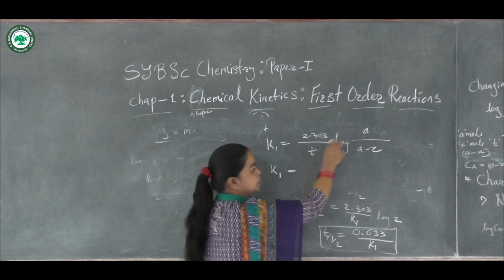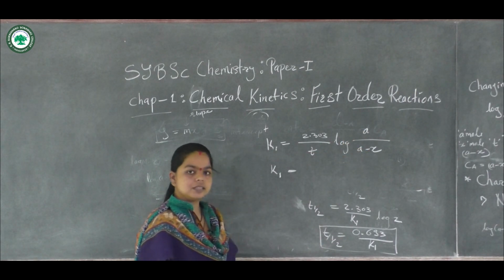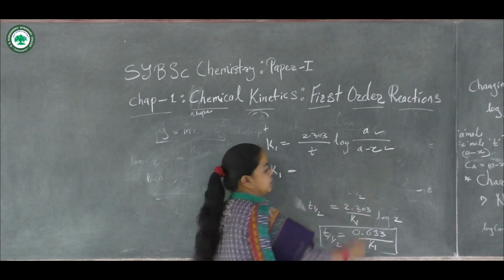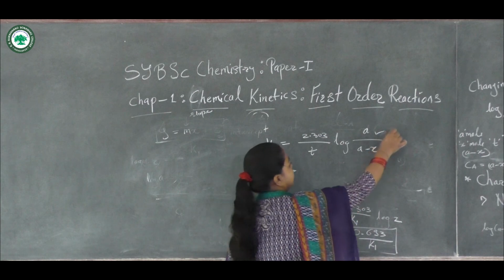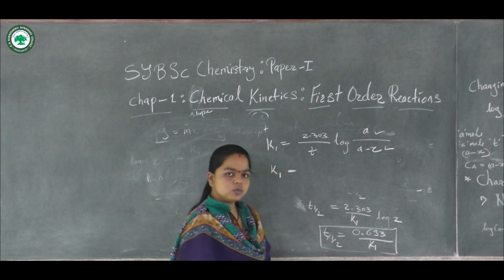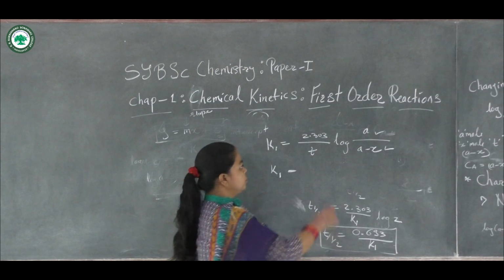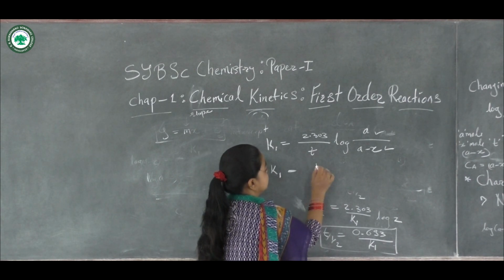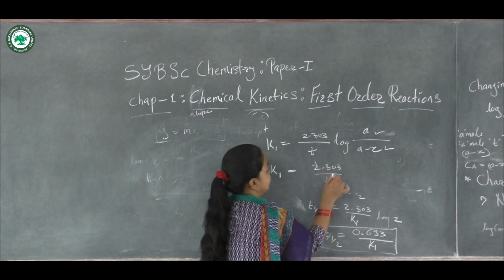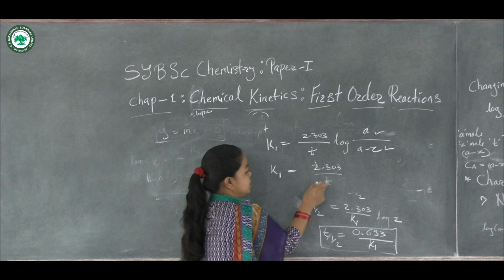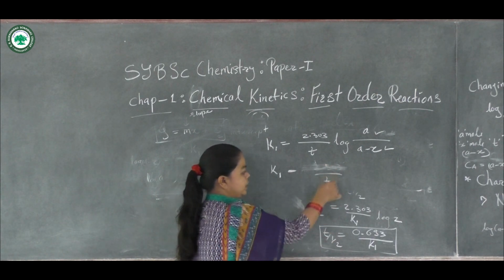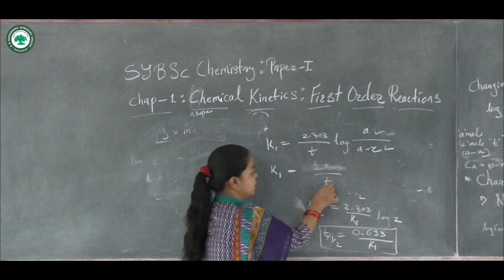Now from this equation, t is the time and A upon A minus X is the concentration. Both of these terms are concentration terms, so their units are the same and will get cancelled out. So we get 2.303 divided by t, that is K1 is inversely proportional to t. Only the t term is remaining here.